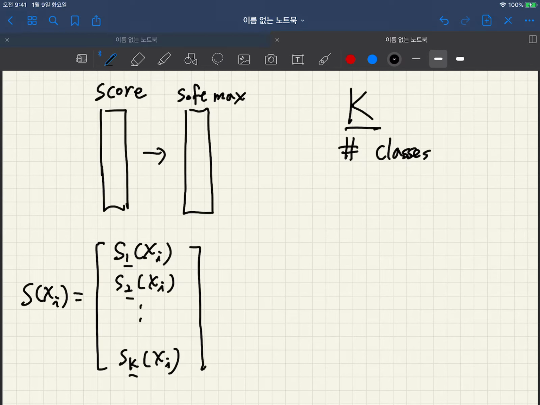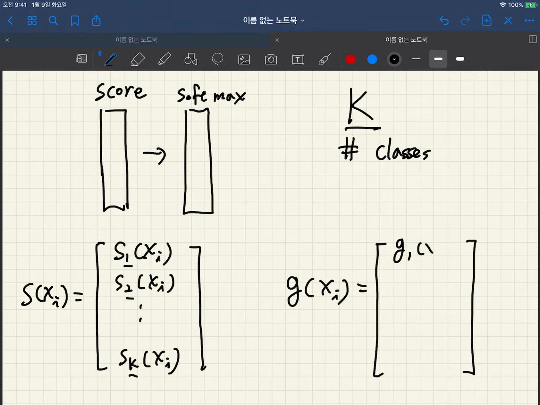values. Likewise, I want to define a softmax vector using the g function. So here g(xi) is the softmax vector for the input xi, which consists of capital K elements. Each of g1(xi), g2(xi), up to gK(xi) represents the probability that your given input xi belongs to a class.